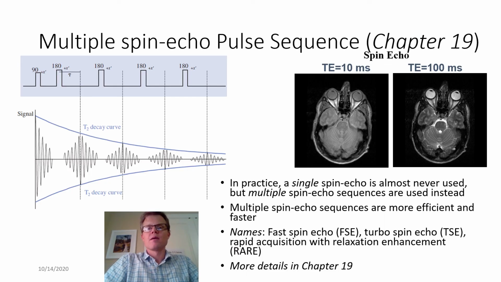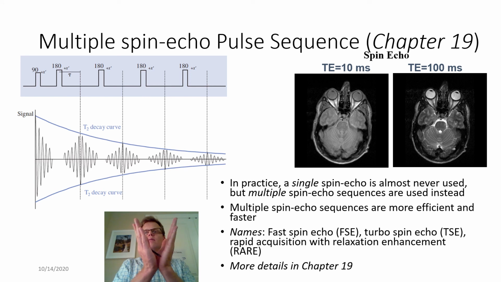I just want to briefly show this as kind of a teaser, because you may hear the concept of a fast spin echo or multiple spin echo, sometimes called a turbo spin echo or even RARE imaging. This is basically an extension of the spin echo where we can repeat this process of tipping down the net magnetization.